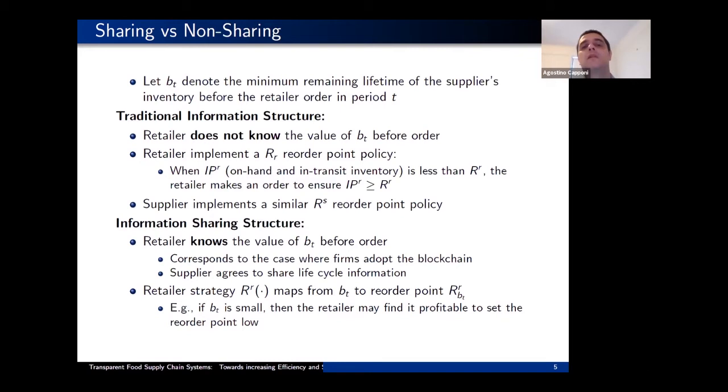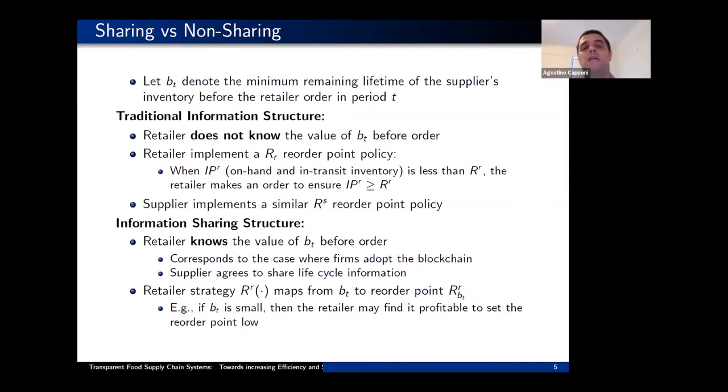So what does the retailer do? He can implement a reorder point policy. He can say, okay, I will decide to reorder based on a heuristic rule, based on a specified rule, which cannot be based on the value of BT. And the rule that we have considered is basically the following.